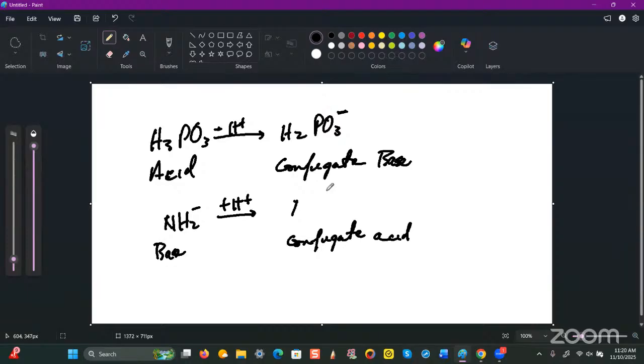NH3, exactly. So that's how you determine the conjugate base based on the acid, and also the conjugate acid based on a base. Let me give you two more examples, and then we can look at the assignment questions.